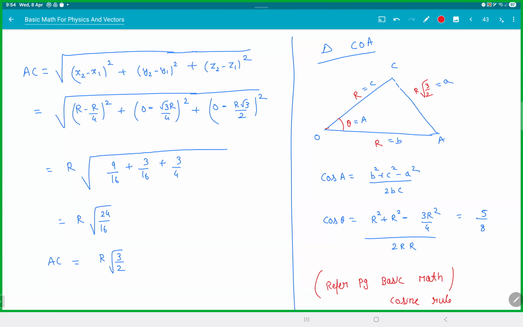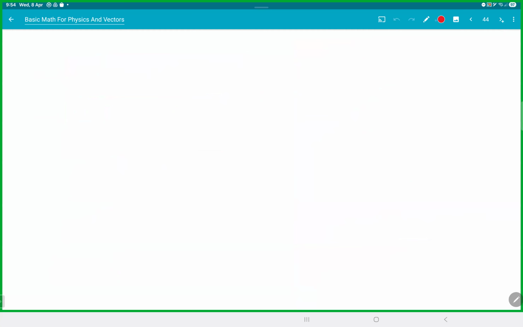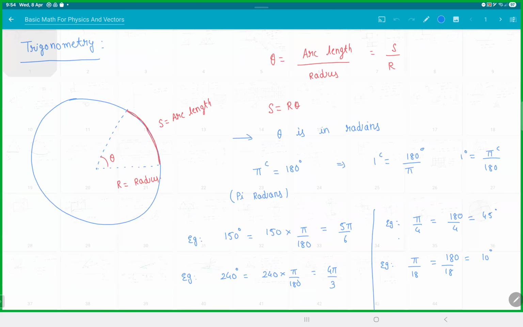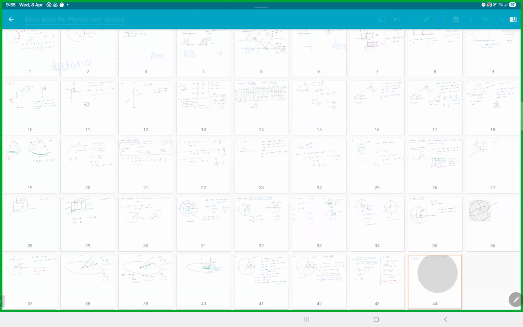So you want to find the distance, right? So the whole distance traveled will be arc AB, arc BC. This is the first thing that I taught you in the last class. Arc CA, which is arc length, is R into theta. Theta must be in radians.